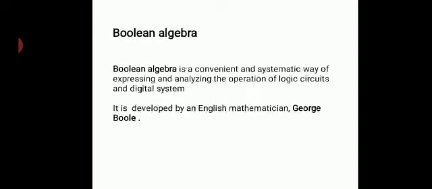Boolean algebra is a convenient and systematic way of expressing and analyzing the operation of logic circuits and digital systems. It was developed by an English mathematician. The name is George Boole.